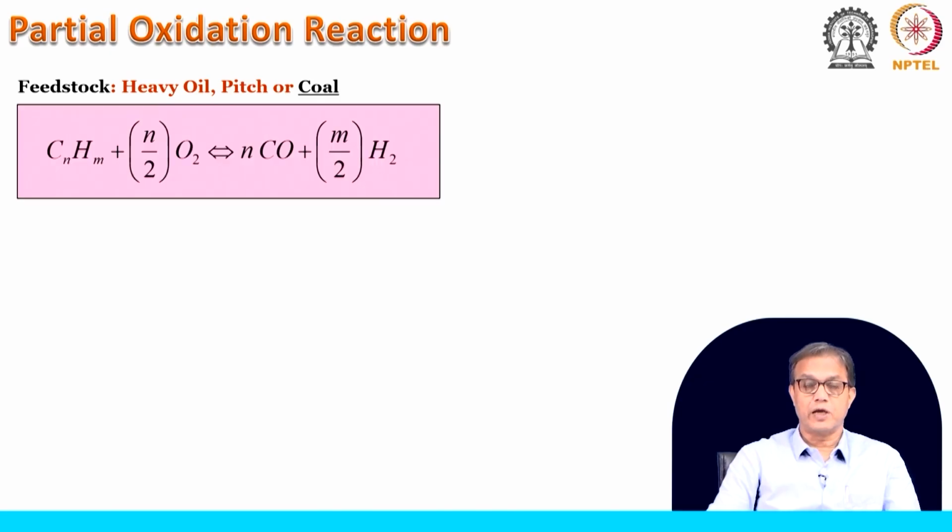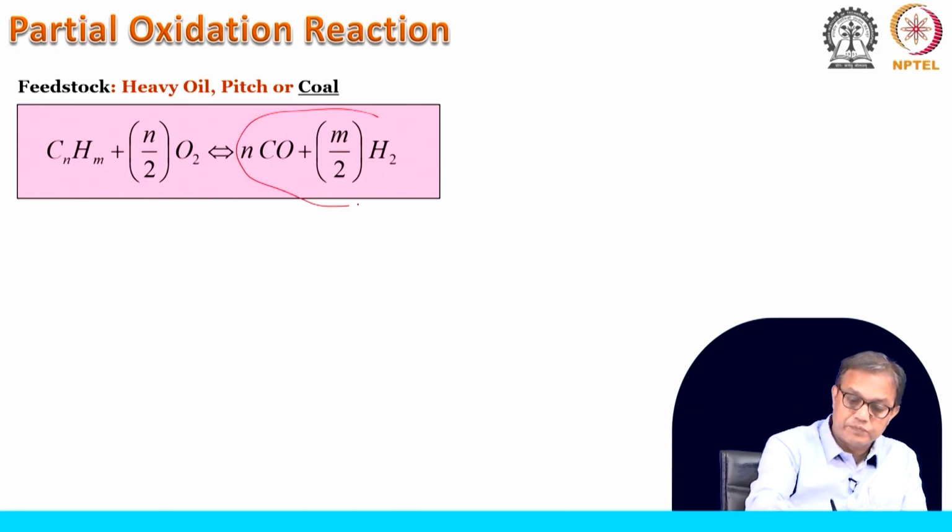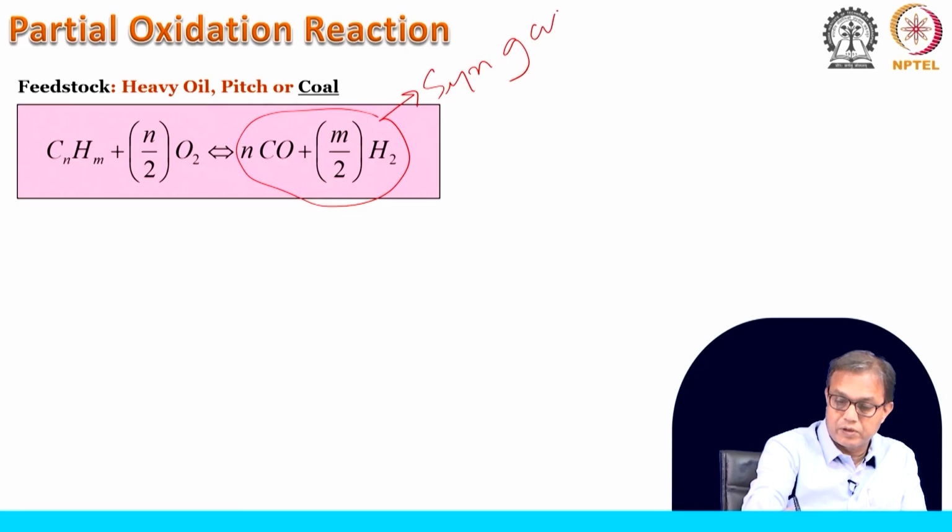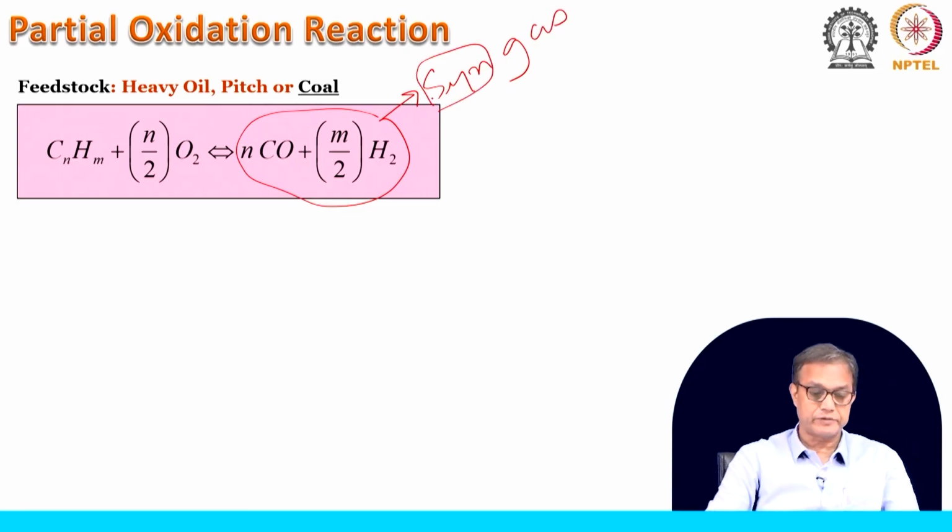This is a generalized equation with the higher hydrocarbons, and it is producing CO and H2 again. You can understand that this is the syngas, or basically the synthesis gas, which is why we call it syngas.